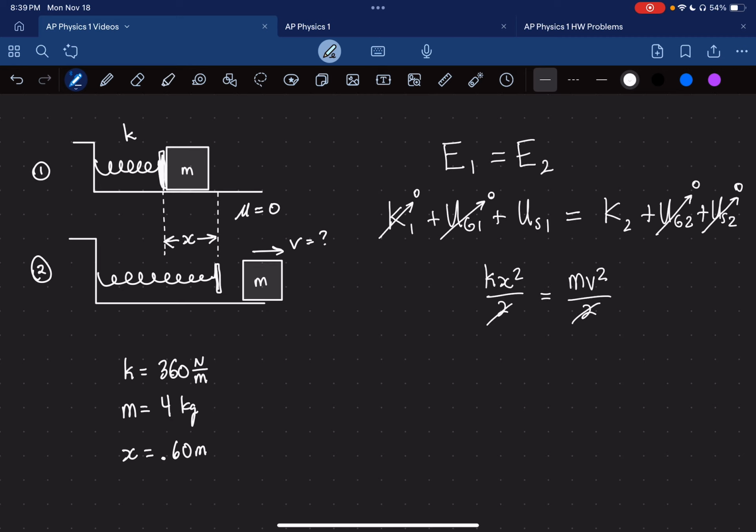You can cancel 2. You can't cancel m because there is no m in this term over here. And we're trying to figure out the speed. So let's say kx squared over m is equal to v squared. And finally, we'll just square root.